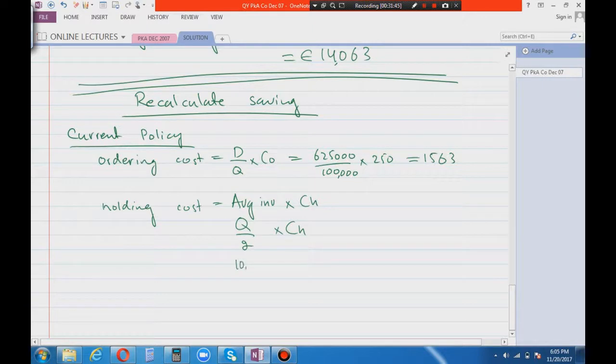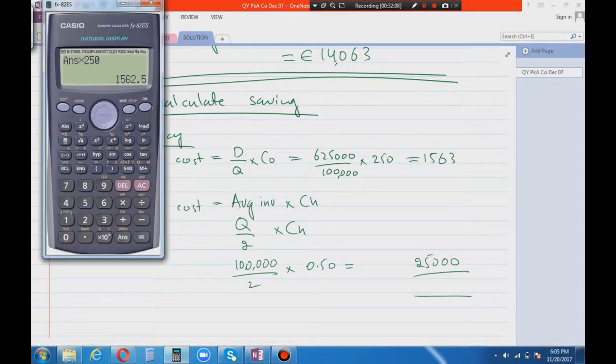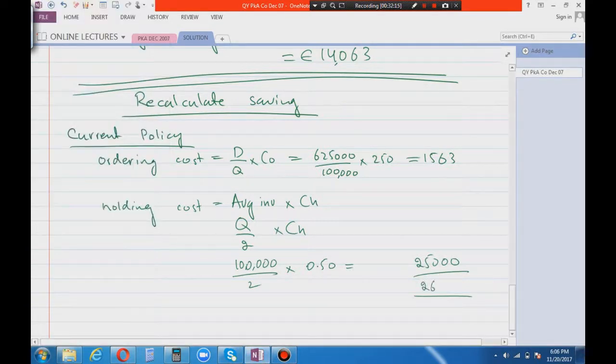Quantity is 100,000 in our current policy, divided by 2, and cost of holding 1 unit for 1 year is €0.50. So 100,000 divided by 2 is 50,000, multiplied by 0.5 would be 25,000. Now total cost would be 26,563.